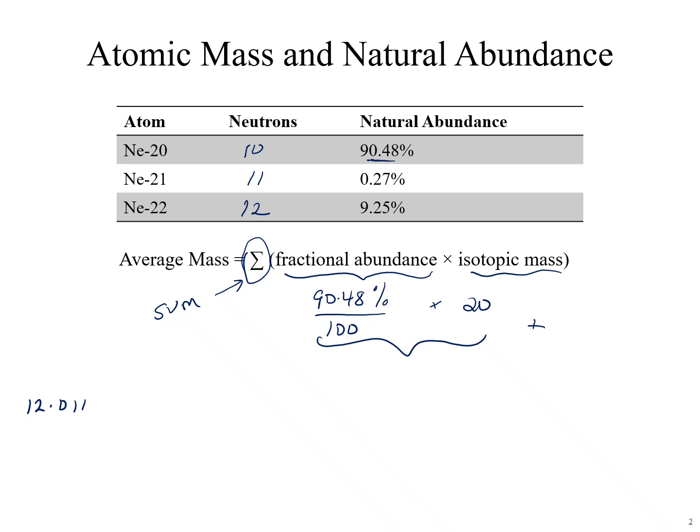Now the biggest contribution to the average mass is coming from this first term here because that will give you the biggest number. So we can actually predict which isotope is the one that exists in the highest abundance just by looking at the periodic table.